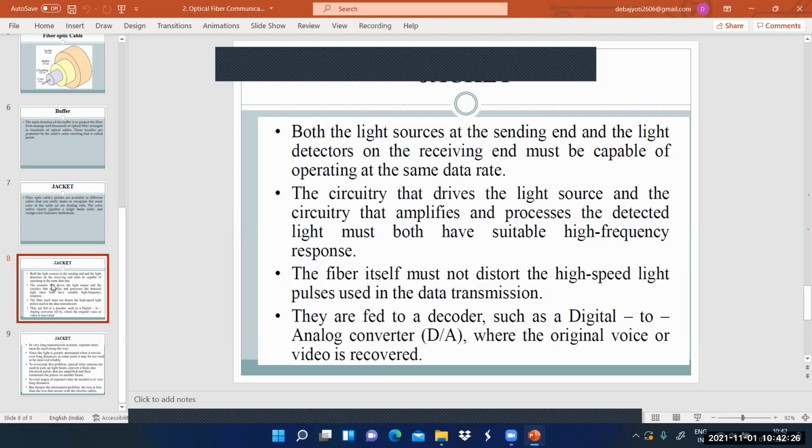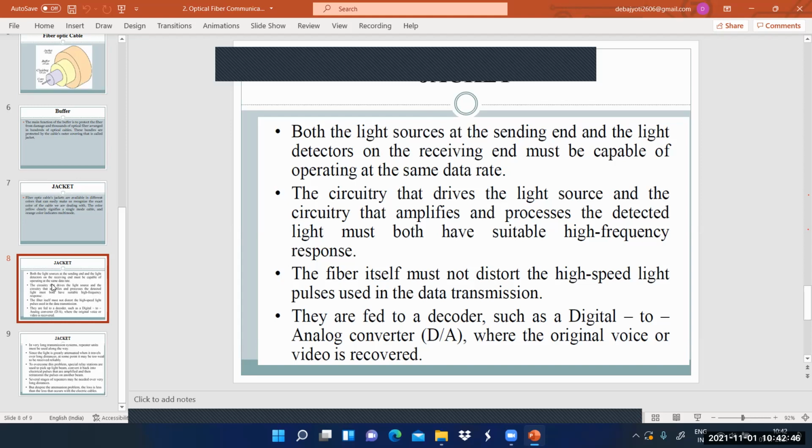Okay. And one thing here, the circuitry that drives the light source and the circuitry that amplifies and processes the detected light must both have suitable high frequency response.